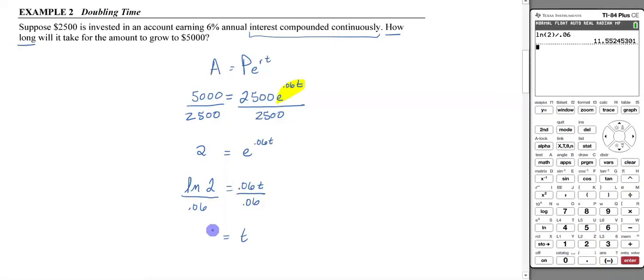So you get about 11.6. So how long will it take for the amount to grow to that? About 11.6 years. When we're using the PERT formula for investments of money, time is always in terms of years.